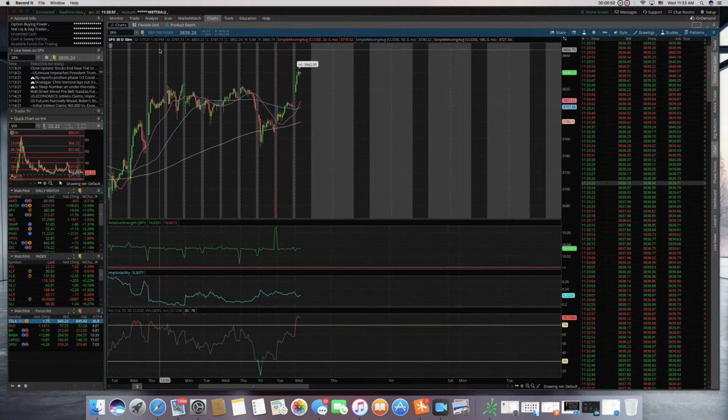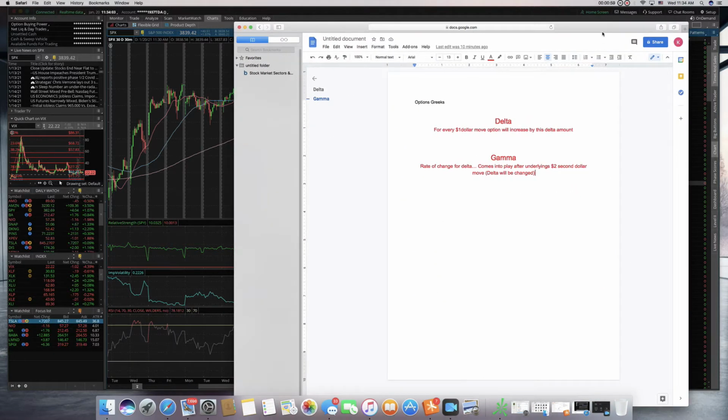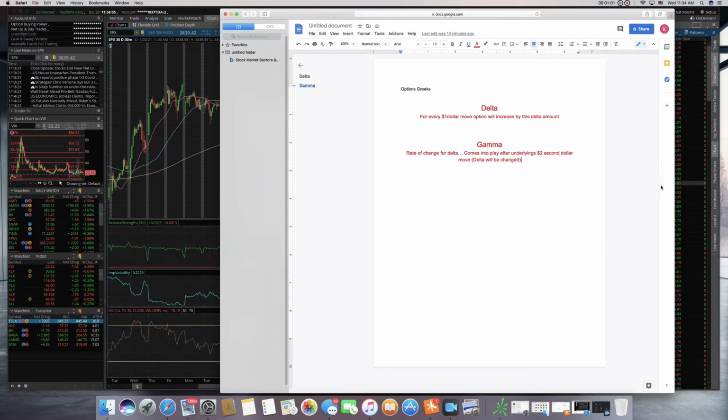So with that being said, I'm going to break down just two option Greeks really quick that I pay attention to that are really important that you also want to take note of. So the first one is delta. Delta is for every $1 move, the option will increase by this delta amount.